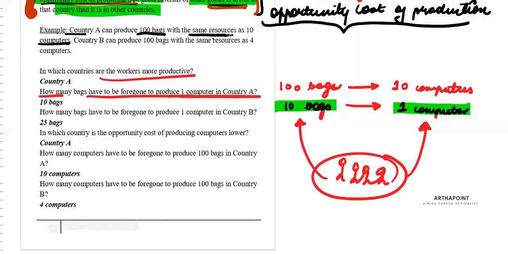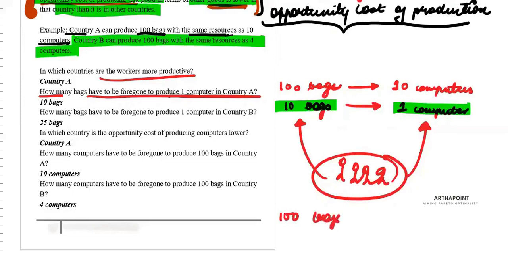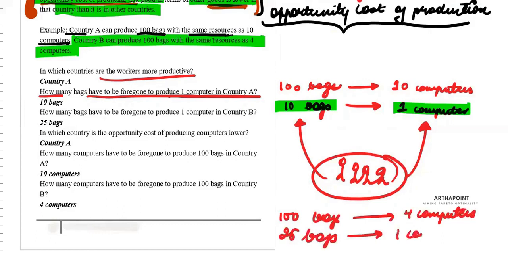Okay. Look at country B now. It says either 100 bags or 4 computers, which means if I divide it, 25 bags or 1 computer.